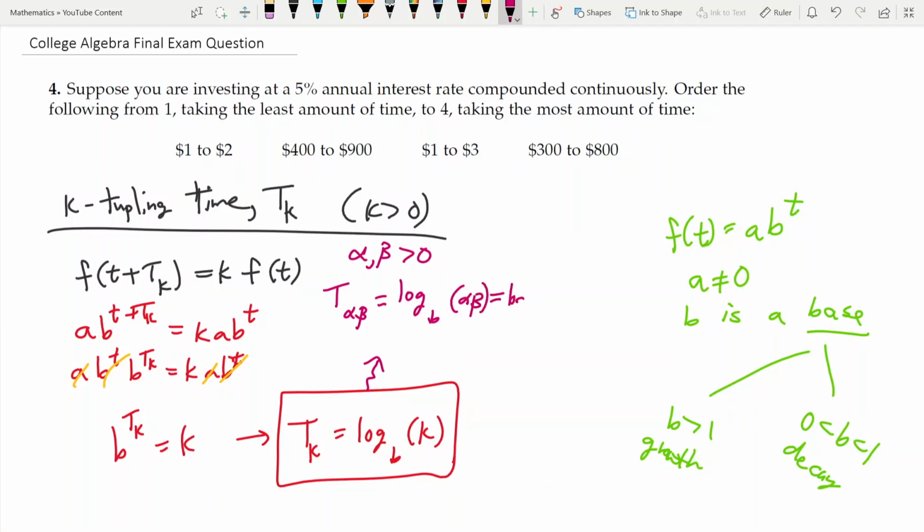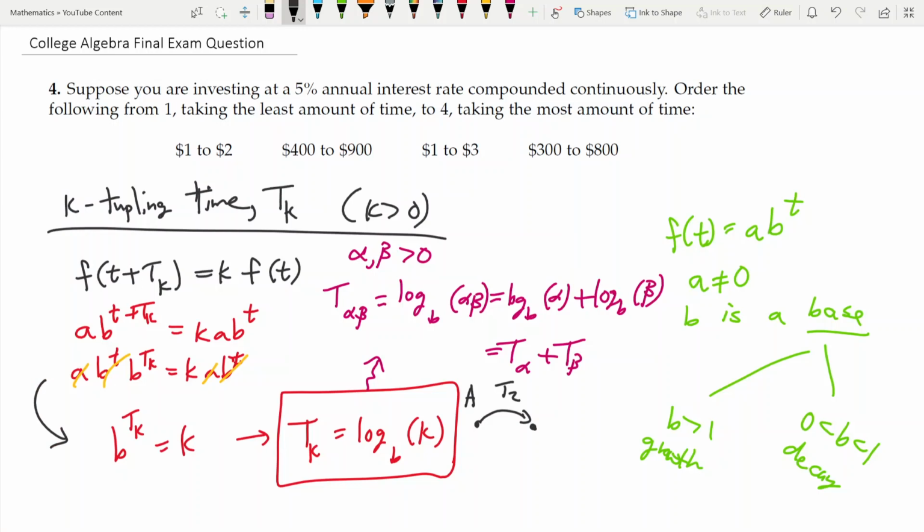Which is log base b of alpha plus log base b of beta, which is just t alpha plus t beta. So more concretely, for example, if you have a certain amount a that you start with in your investment and you wait t2 time, remember in this process we canceled a, little a, which was the initial amount of our exponential function, and we canceled b to the t.